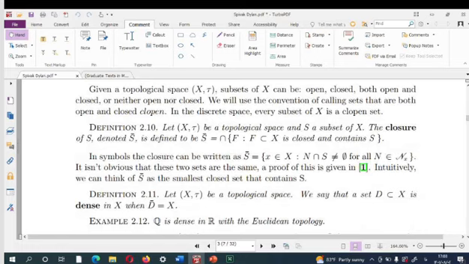So this X and tau is a topological space, and tau is a topology on X. And S is a subset of X.